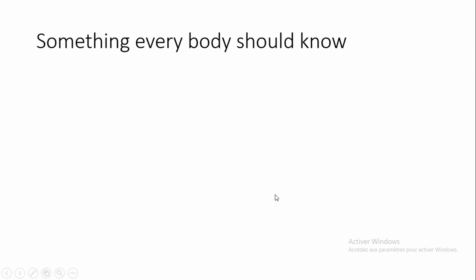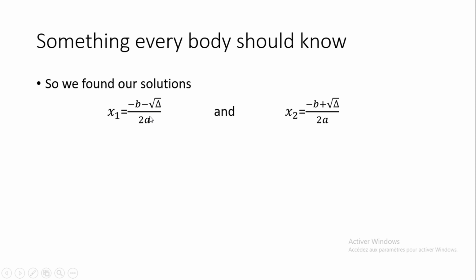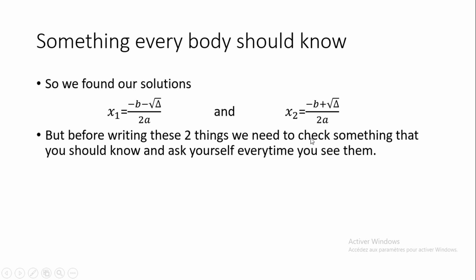So now, before moving to how we calculate and the details, there is something everybody should know. So we found our solutions, x1 equals minus b minus the square root of delta over 2a, and x2 equals minus b plus the square root of delta over 2a.